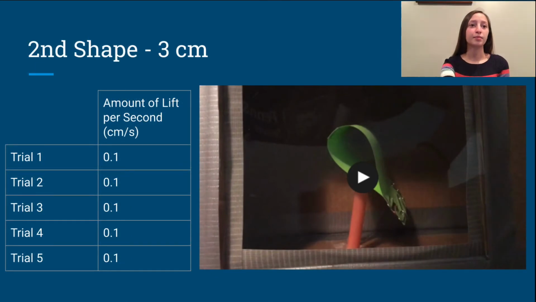For my final shape, the second shape with 3 centimeter height, all of the trials actually stayed the same at 0.1 centimeters per second of lift. And here's the video for this one.